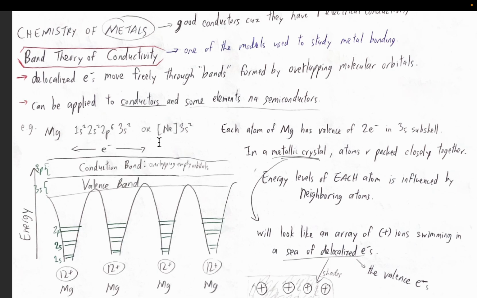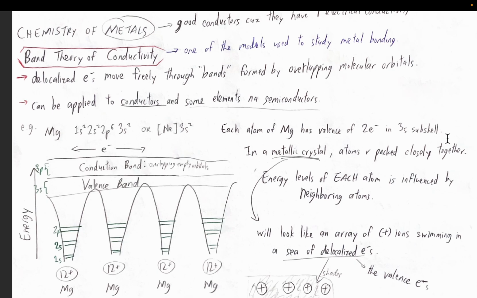I know there's another way of expressing electron configuration. I think it's called noble gas configuration. So this is one way of expressing it. Each atom of magnesium has a valence of 2 electrons in the 3s subshell.